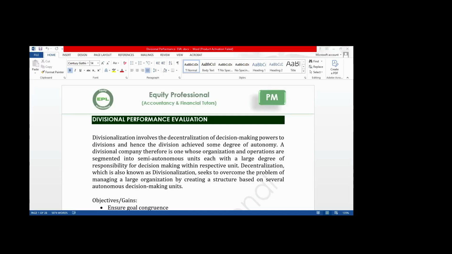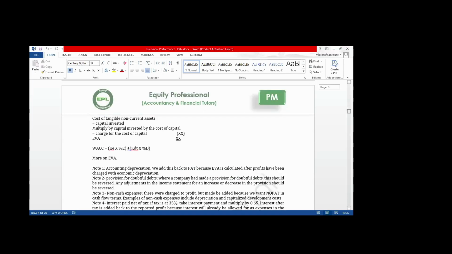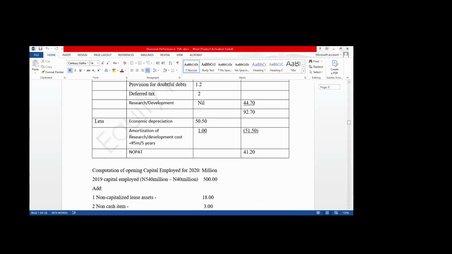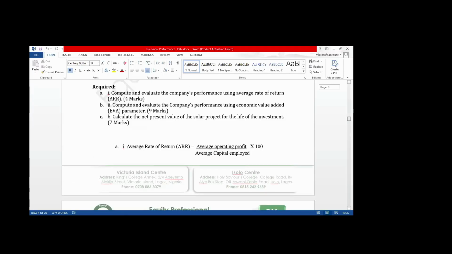Last week, we looked at economic value added as a measure of performance. Of course, our discussion is still on divisional performance evaluation.